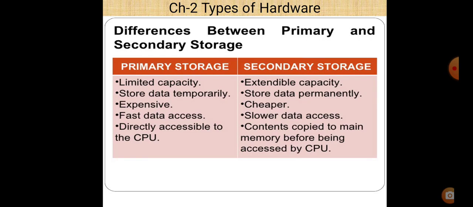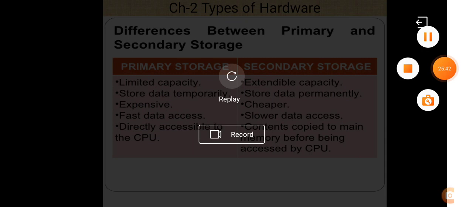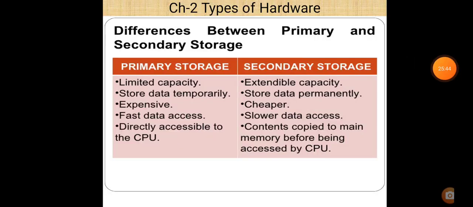Now, what is the difference between primary and secondary storage? That is a very important question. The main difference is that primary storage is a volatile memory, while secondary storage is a non-volatile memory.